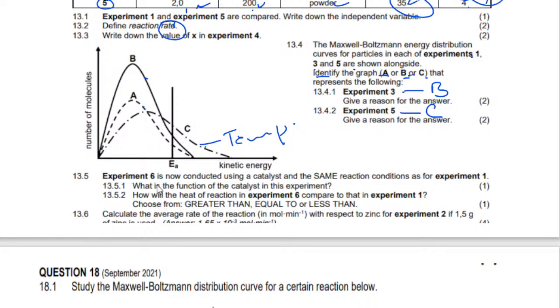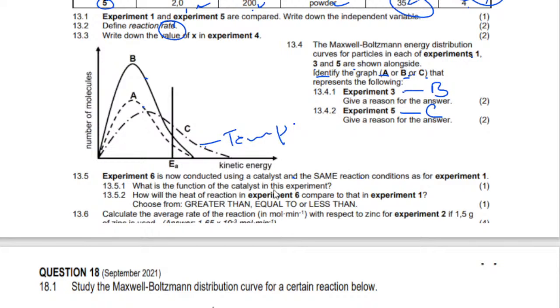Experiment 6 is now conducted using a catalyst. So what happens when a catalyst is applied? The rate of reaction is going to increase. The same reaction conditions as experiment 1.